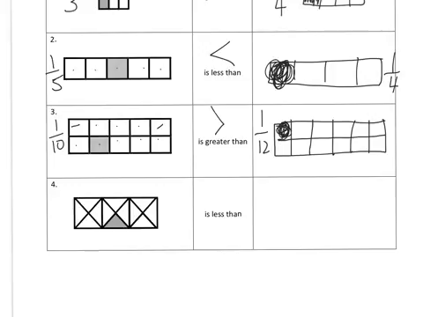And coming on down here to the bottom, this is all one shape, so it's 1, 2, 3, 4, 5, 6, 7, 8, 9, 10, 11, 12.